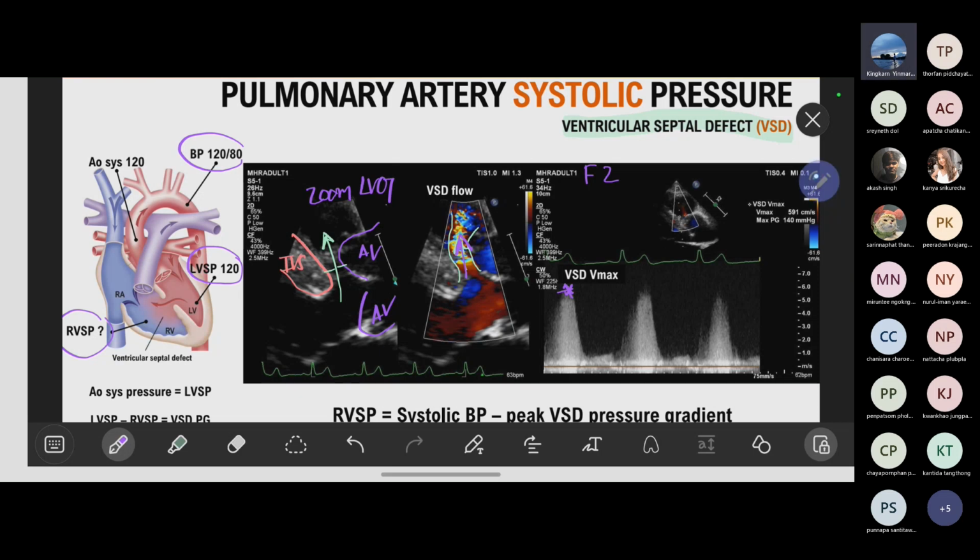You also get a peak VSD pressure gradient. Yeah. So you get PASP, right?